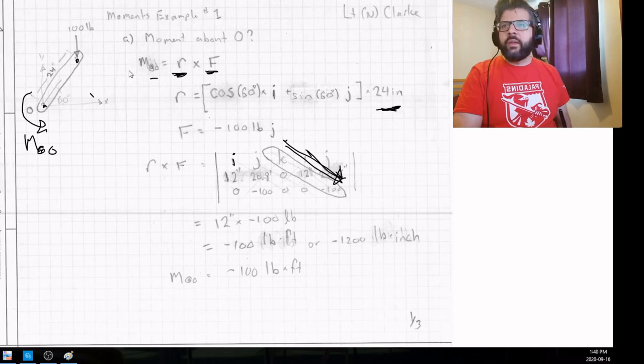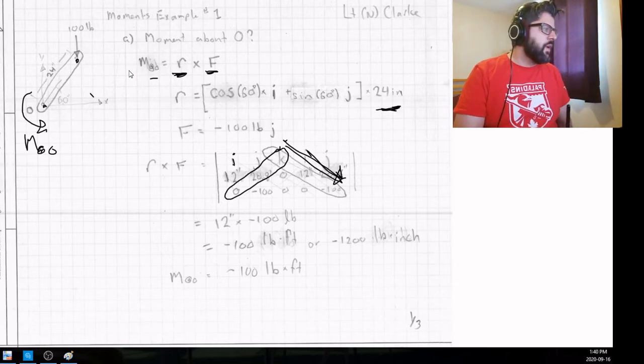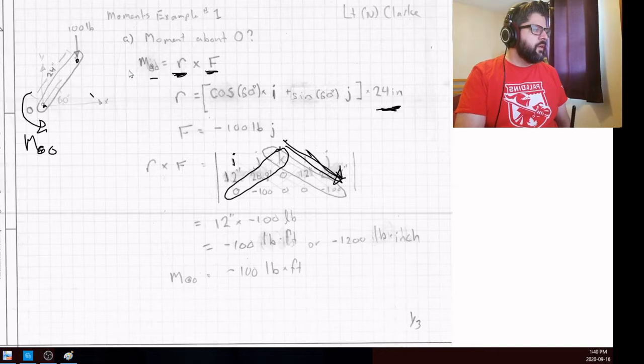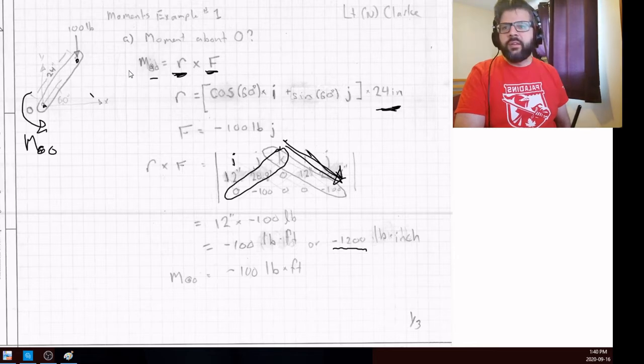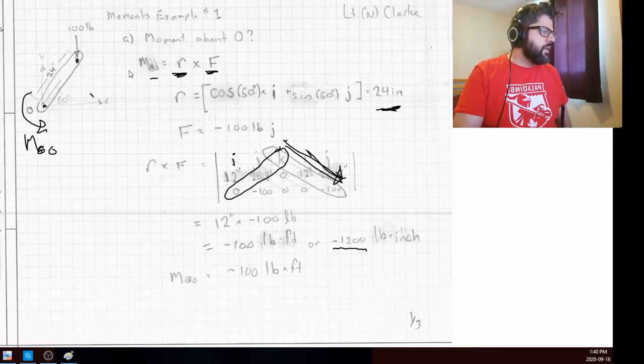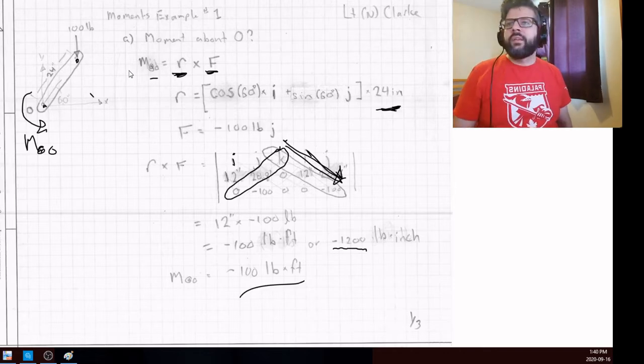If it had been a different instance, if the values that had been left were this, then we would switch the signs. So our moment vector ends up being either negative 1200 pound-inch or negative 100 pound-foot. So that's the moment for that scenario.